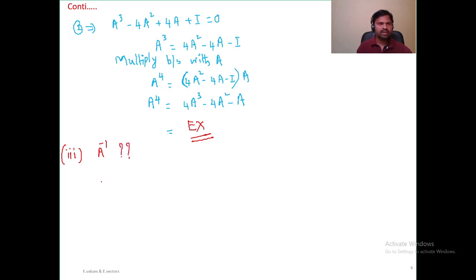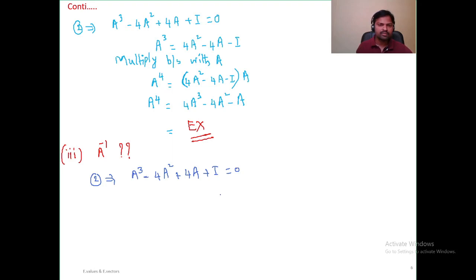Again the same equation number 2 implies, what do we get? A raised 3 minus 4 times A raised 2 plus 4 times A plus identity matrix equal to 0. This is what we verified in the first question.